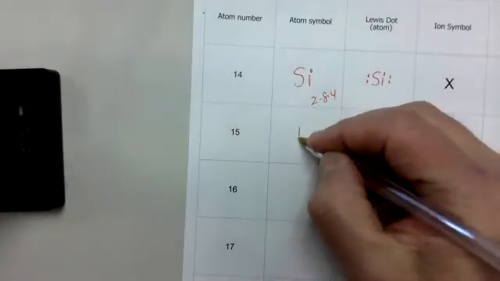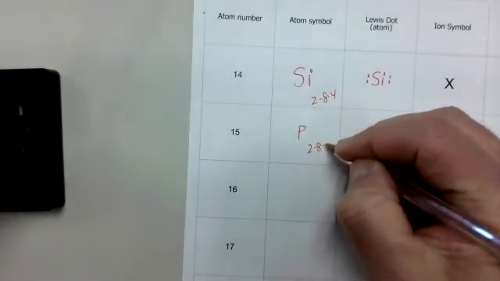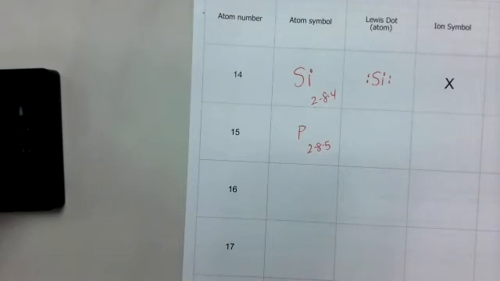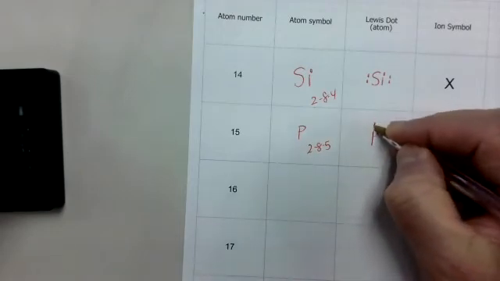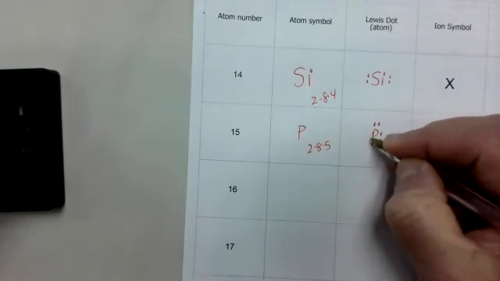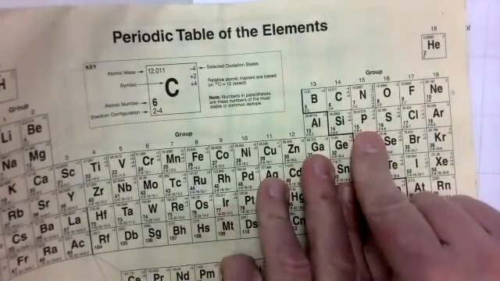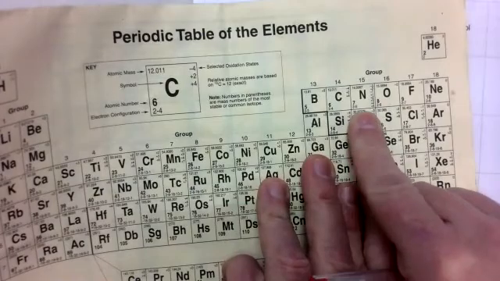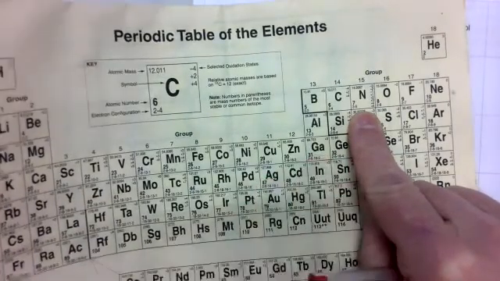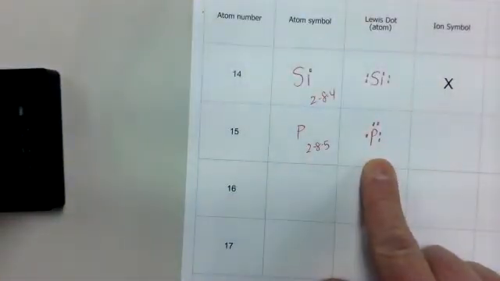After silicon is phosphorus, 2,8,5, and phosphorus is going to have 5 dots. I'm going to put them like this, top, bottom, left to right, but they're going to be in 2 pairs. Now, let's look at the periodic table again. Here's phosphorus with 5 valence electrons. Look what's right above it, nitrogen. We drew the same kind of picture.